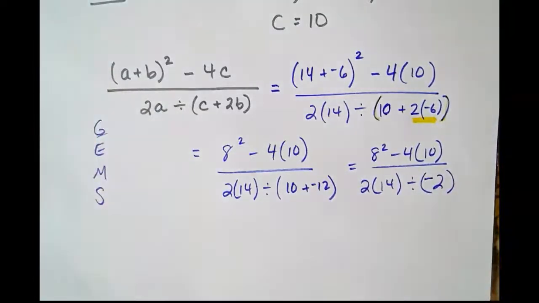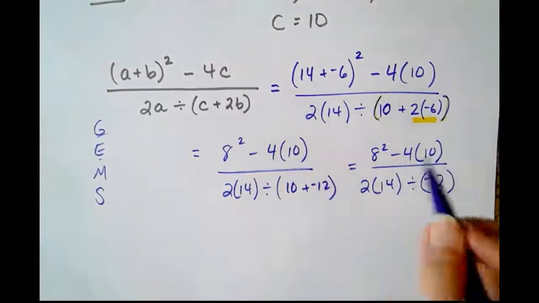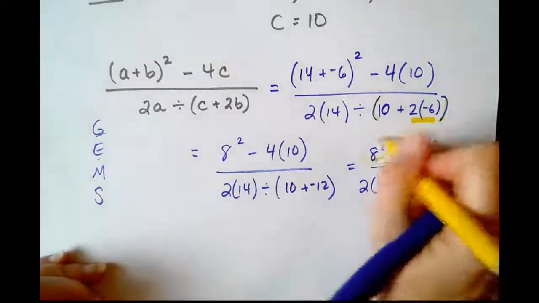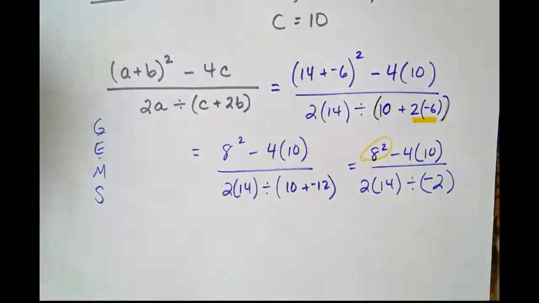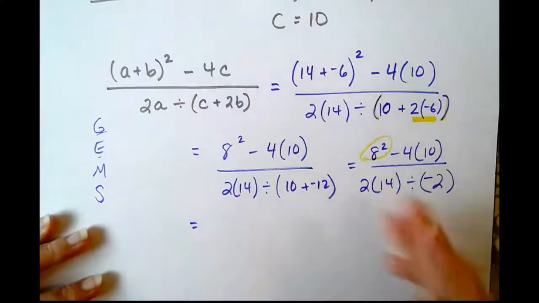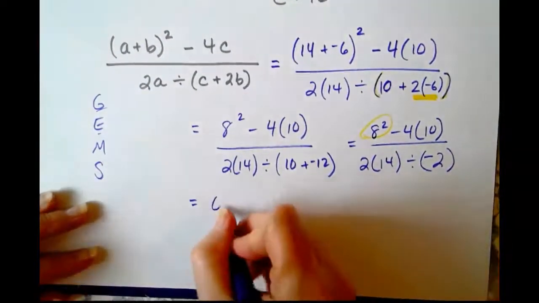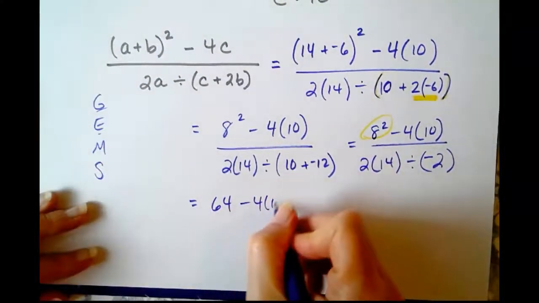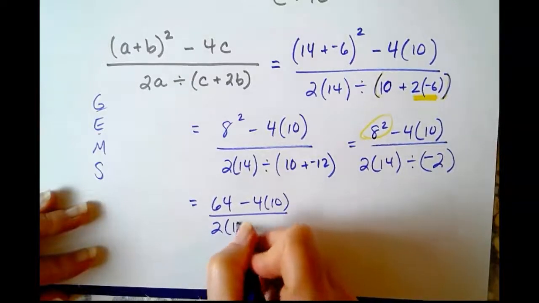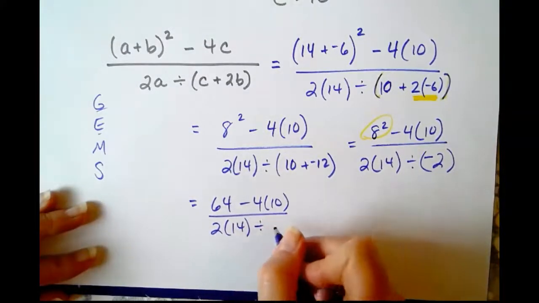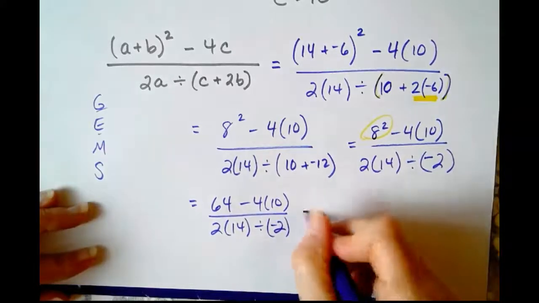I'll keep it in parentheses. Next, we're going to the E. And our exponent, only one, is here. So we're going to evaluate the exponent next. That will be 8 squared, which is 64, minus 4 times 10 over 2 times 14 divided by negative 2.